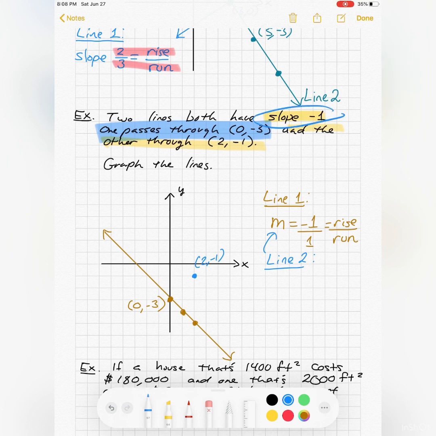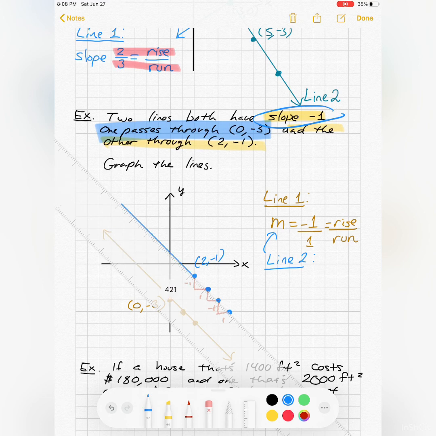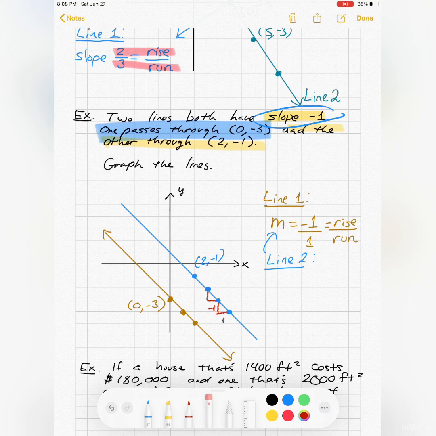It says both have a slope of -1. So again, down by 1 for every 1 unit increase. There's line number 2.